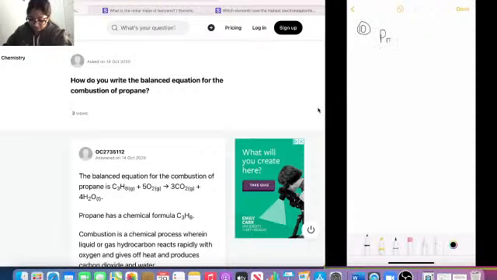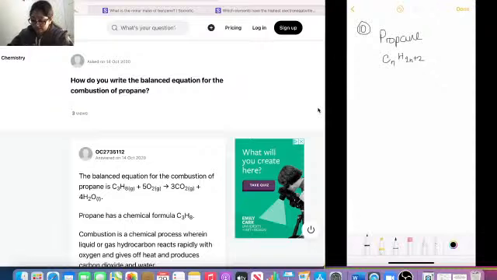Okay, so propane, right? So the chemical formula for propane, prop means you have 3 carbons, right? And to determine how many hydrogens you have, there's basically a formula. Let's write out the formula first. So CnH2n+2, right?